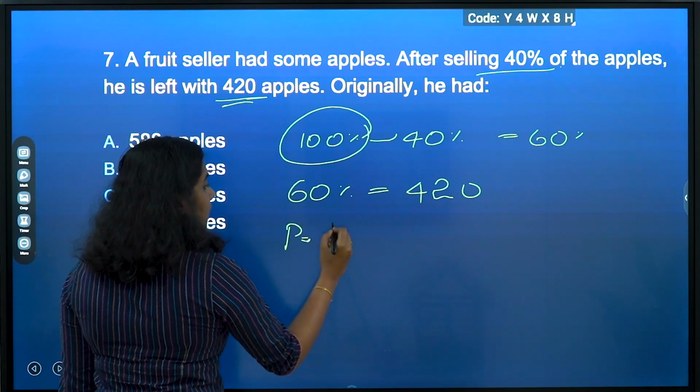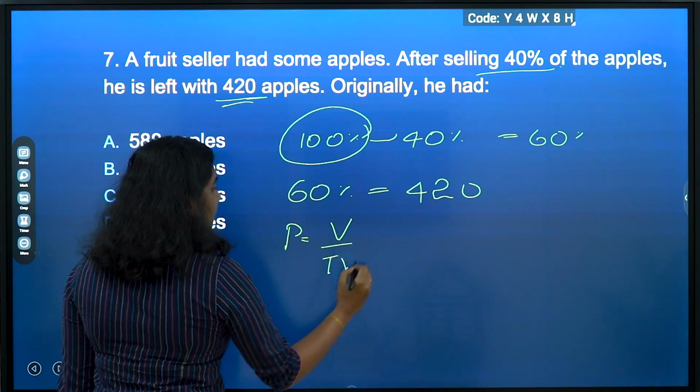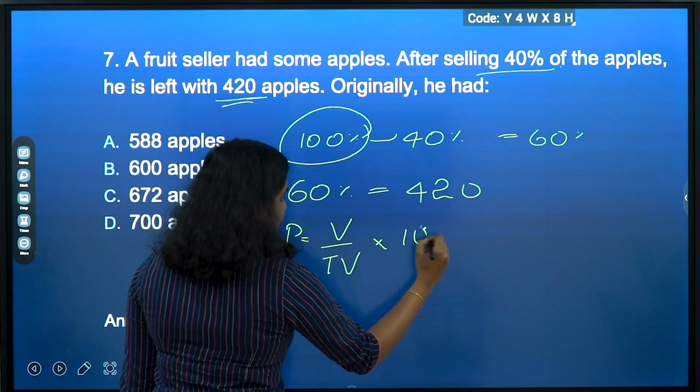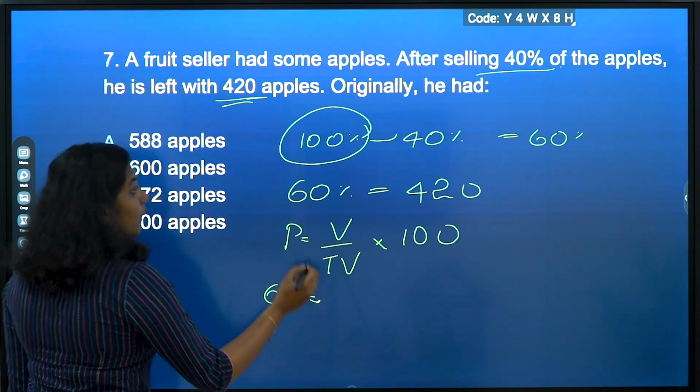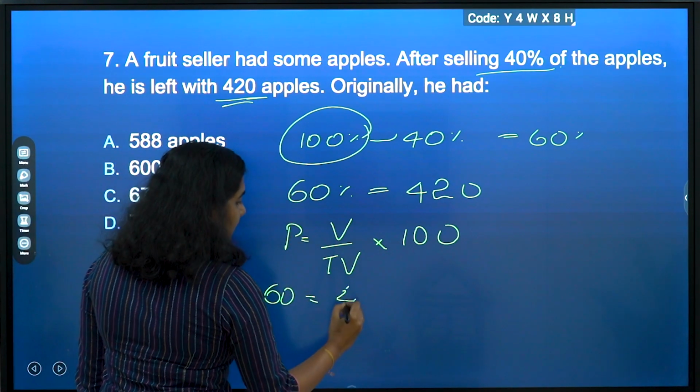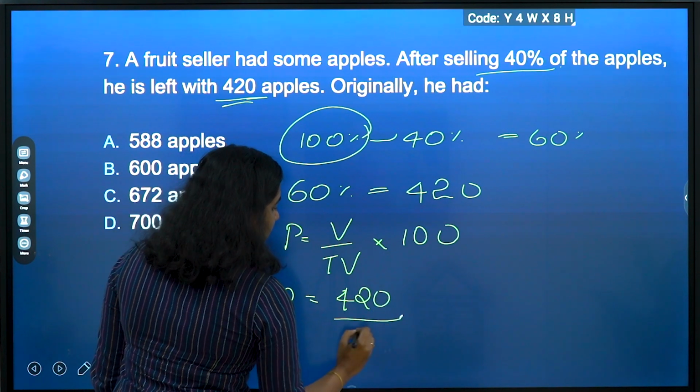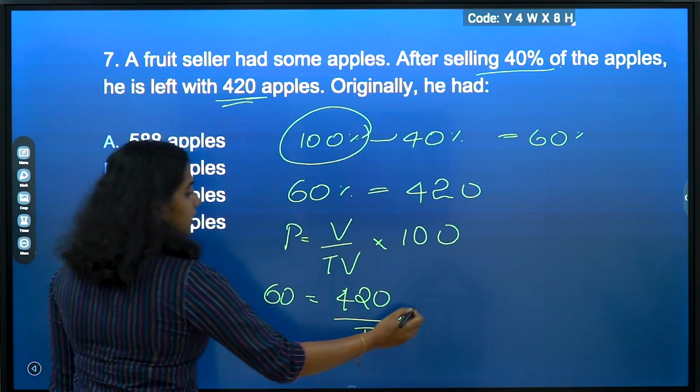Percentage is equal to value by total value into 100. So here percentage is 60. Now value is 420, and you don't know the total value, just write total value here into 100.